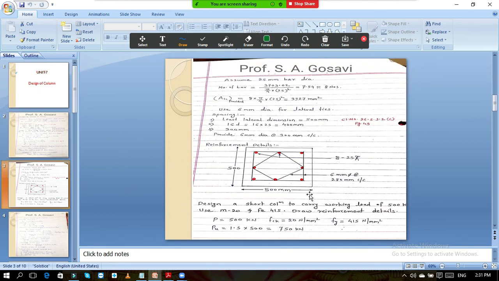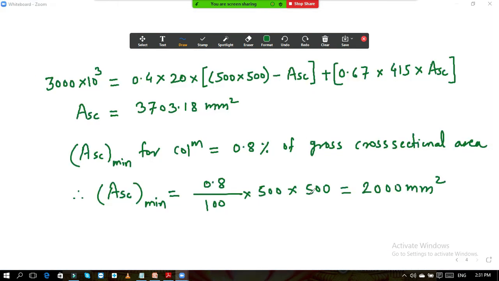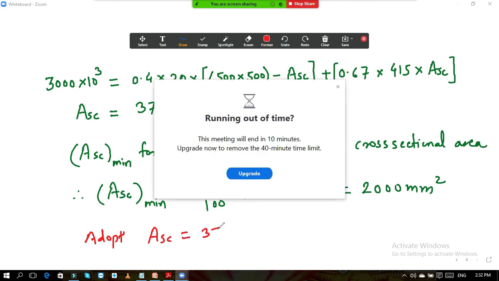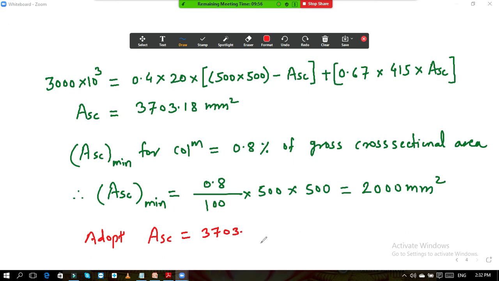Now assume a certain bar diameter and calculate the number of bars. So here I will write: adopt ASC as 3703.18 mm square. This is the value of ASC.